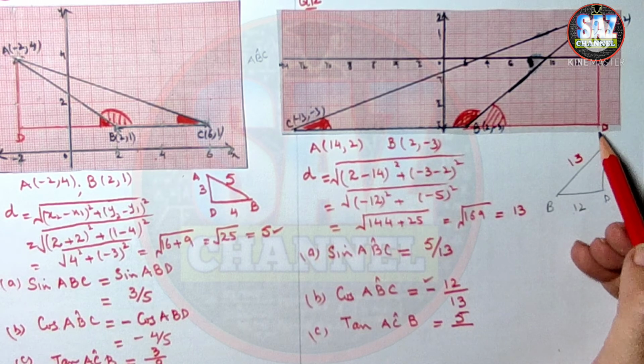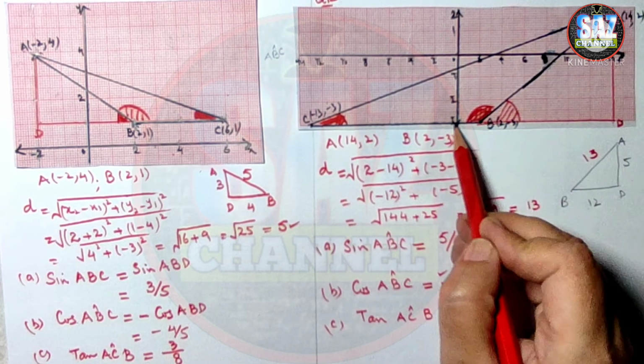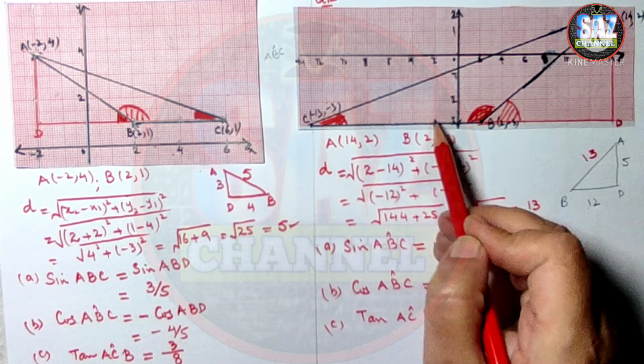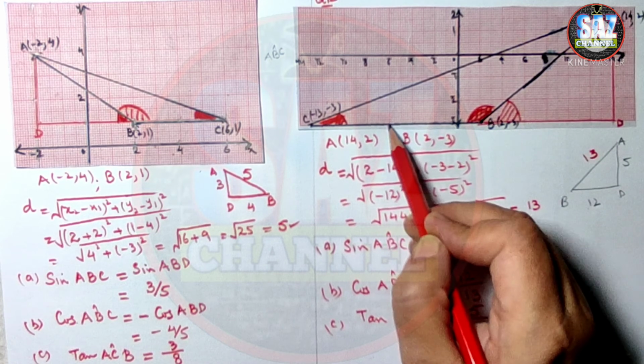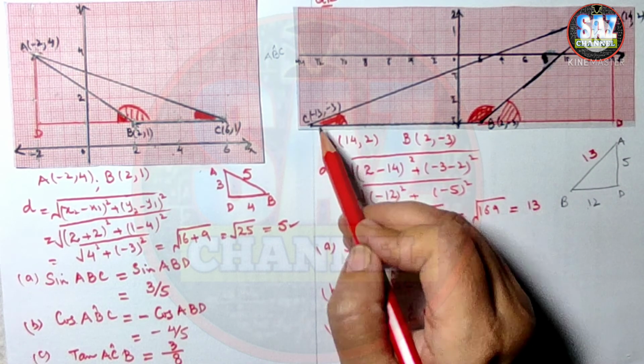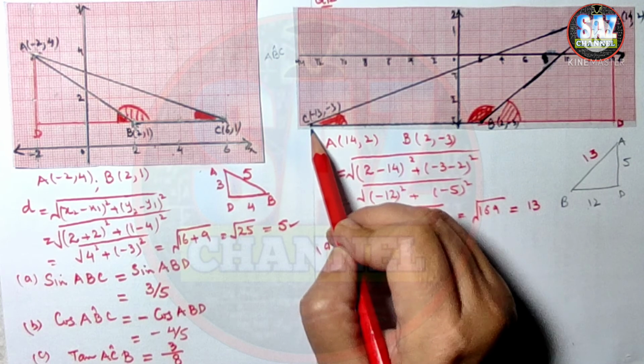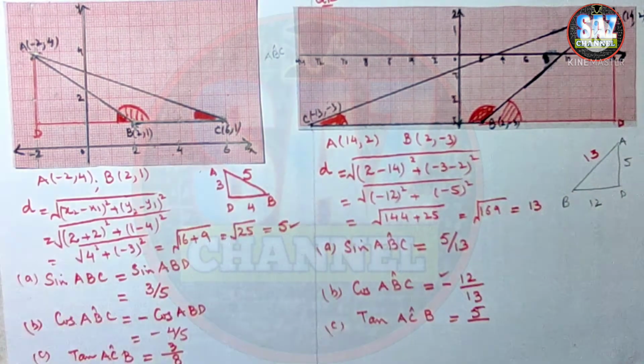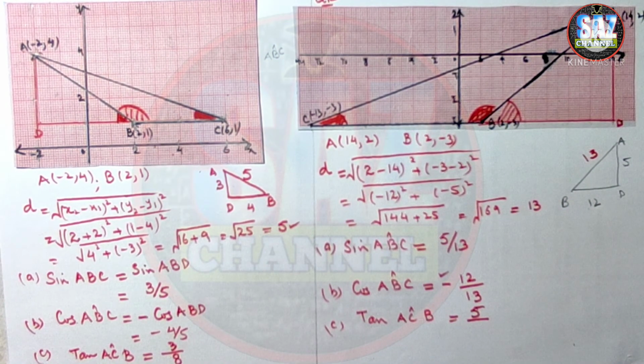So for the base, this is 12, and to 14, to 16, to 18, to 20, to 22, 24. Let me reconfirm it from the book. 13 units on the negative side, and 12 units on the positive side. So the total distance will be 25.